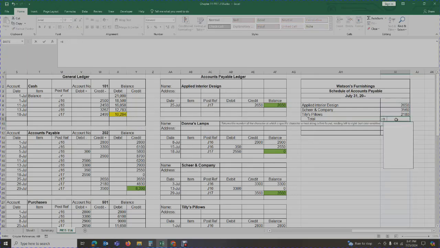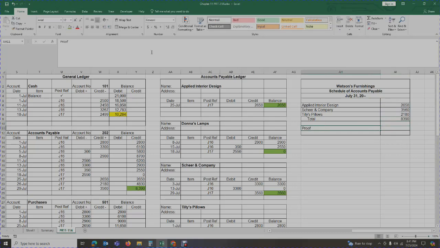Let me do that formula again. Okay, so we owe $8,390, and I'm going to proof that.